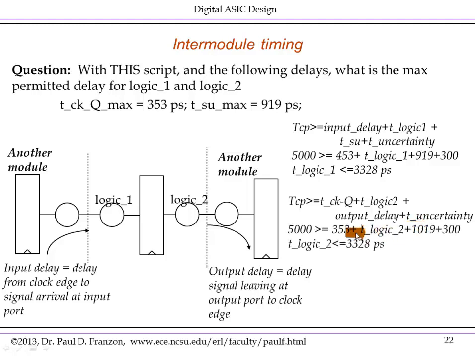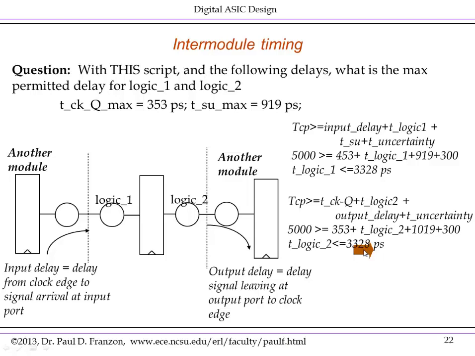Again, put in the numbers. Clock period I get from the script. T clock to Q I got from up here. Output delay I get from the script. Uncertainty I also get from the script. That ends up with a T logic 2, again at 3.3 nanoseconds for reasons of symmetry.